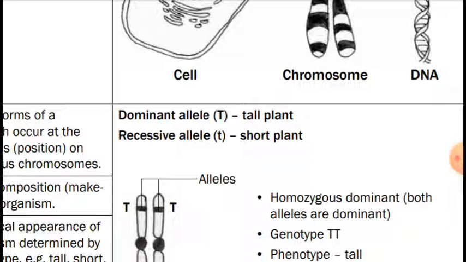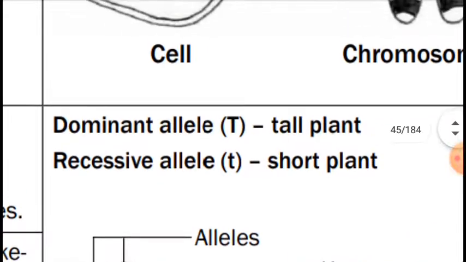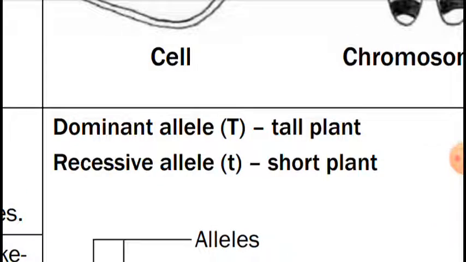Once we say the one is dominant, that means it has a capital letter, and once it has a small letter, we say it is recessive. When we say something is recessive, that means it is not stronger than the dominant allele.